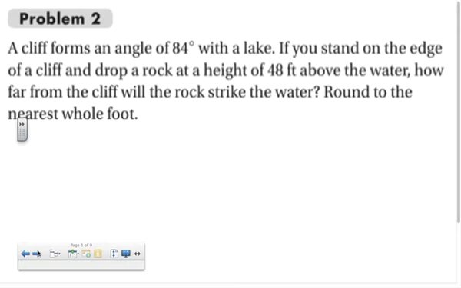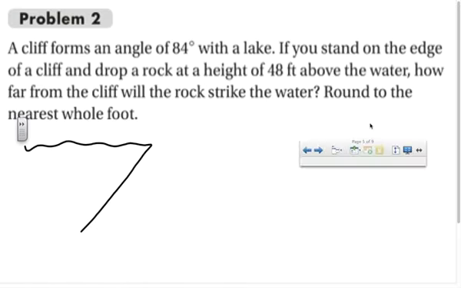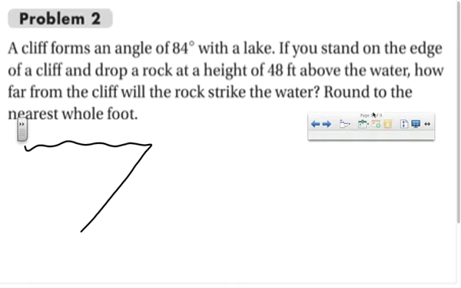So I have a cliff forming an angle of 84 degrees with a lake. You kind of got to visualize what's happening here. I have this cliff, and it's overhanging over my lake, and it's making an angle of 84 degrees.